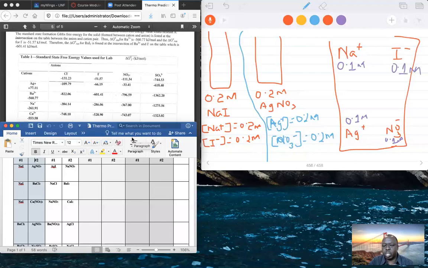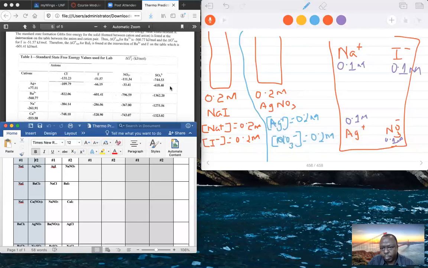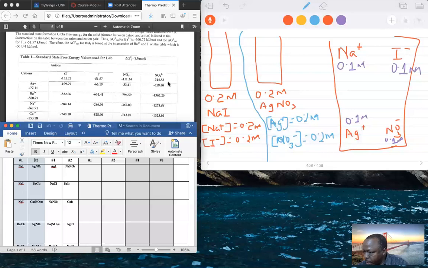If there was a subscript here, please know how to play around with that. It's gonna be twice. I showed you that. For a double replacement reaction, silver will combine with iodide, and sodium will combine with nitrate.